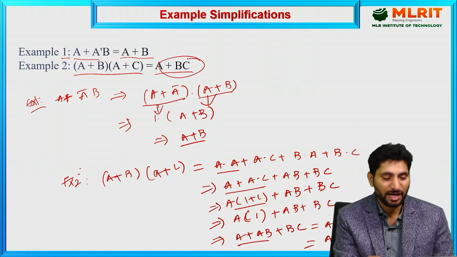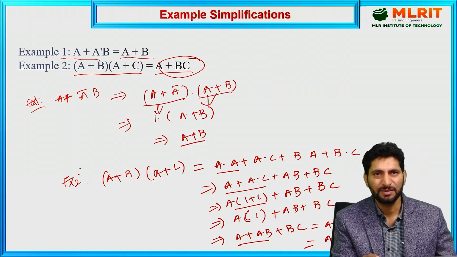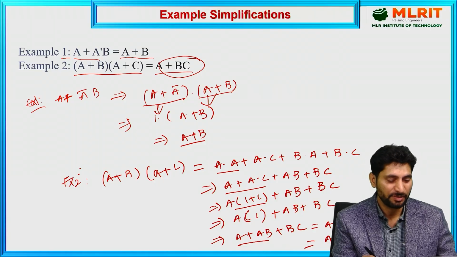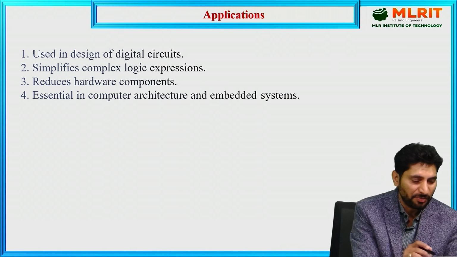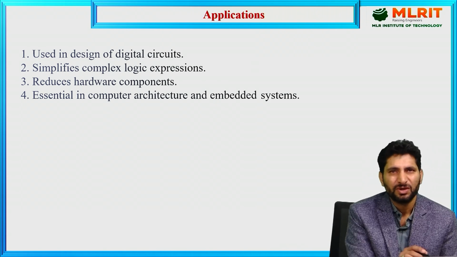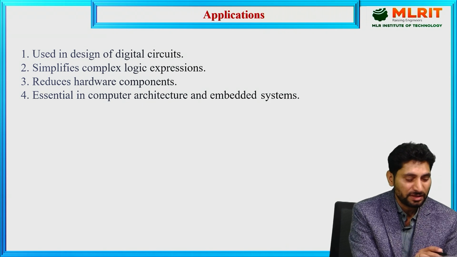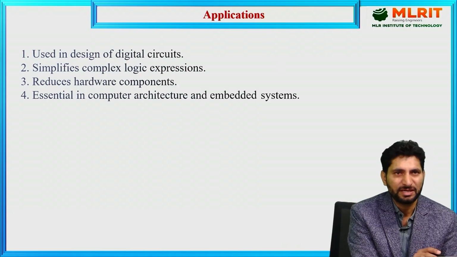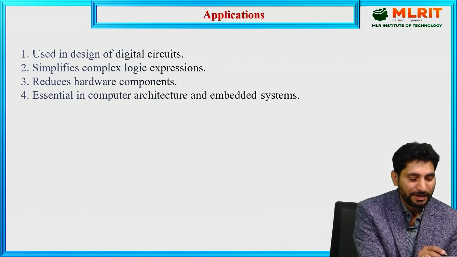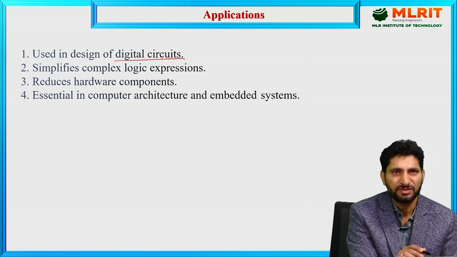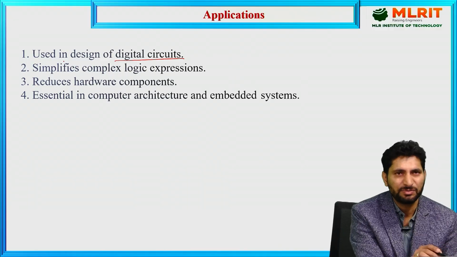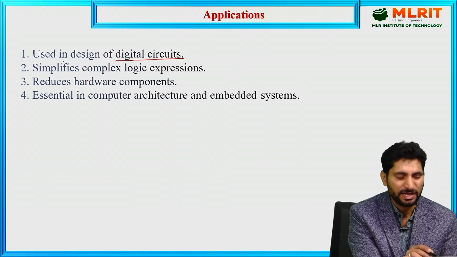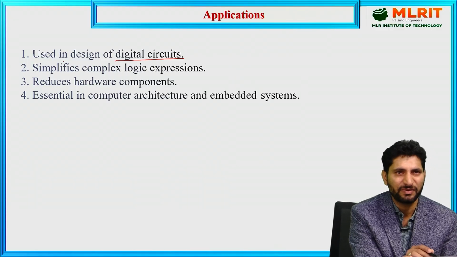So like that we can use these theorems, properties and postulates in the minimization of equations. Now coming to the applications where we can use this. We can use Boolean algebra theorems, properties and postulates in designing digital circuits. It is very important. To design digital circuits, definitely we need to use them to get minimized equations.